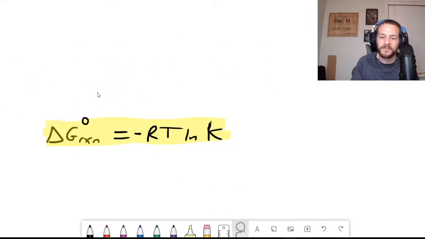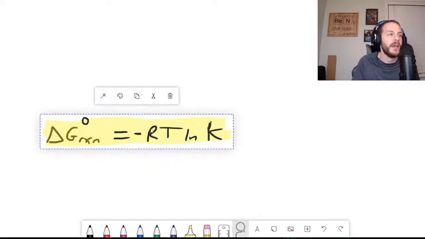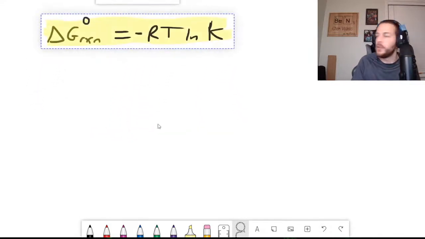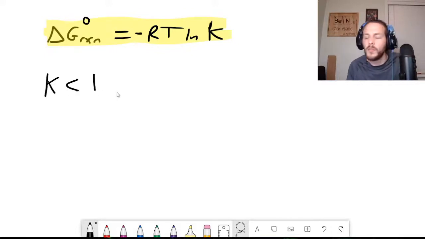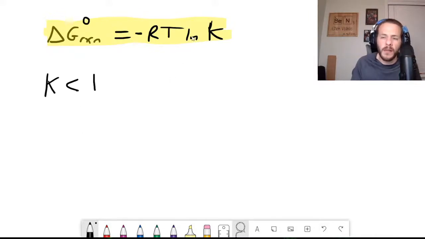All right. So I'm going to take this whole thing and just move it up here to use as a reference. And so let's talk about a situation in which the equilibrium constant is less than 1, right? We have a small equilibrium constant. So if the equilibrium constant is less than 1, what does that mean? Well, that means we're going to be taking the natural logarithm of a number that is less than 1, right?